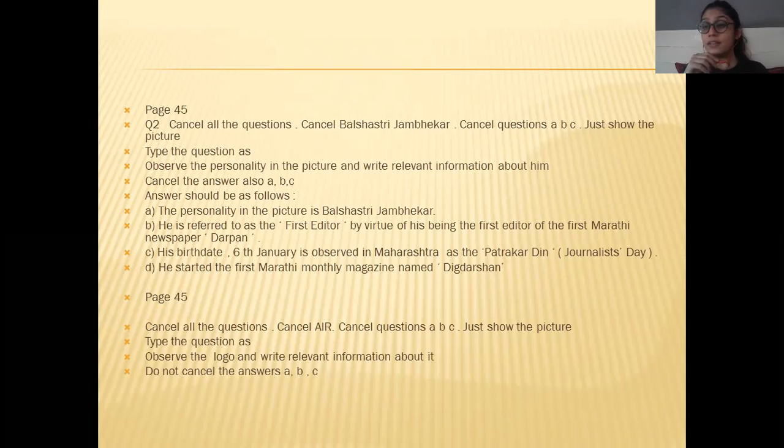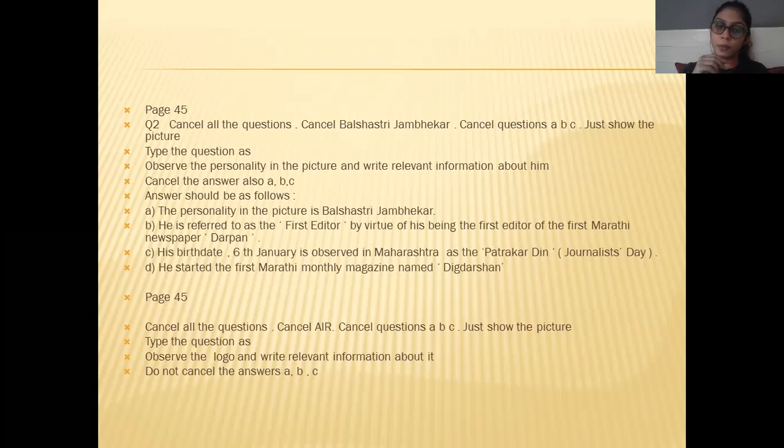We all know that he was the first editor of the Marathi newspaper Darpan. The answer to question C is, his birth date is 6th January. It is observed as Patrakar Din in Maharashtra. 6th January is observed in Maharashtra as Patrakar Din or Journalist Day. The answer to question D is, he started the first Marathi magazine called Digdarshan.